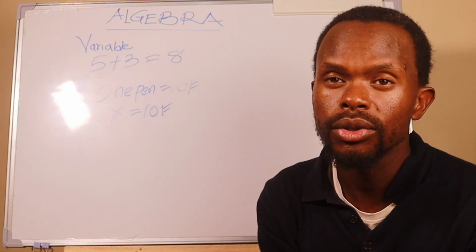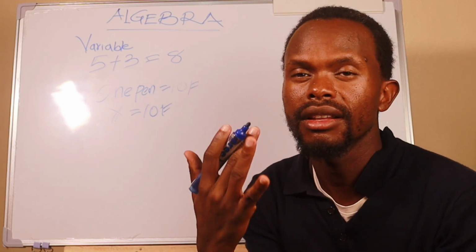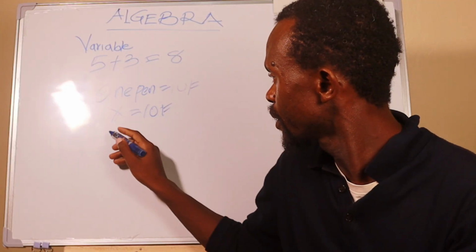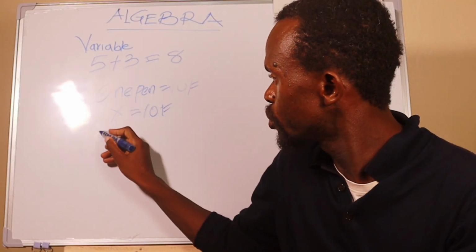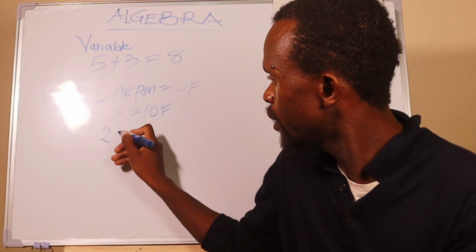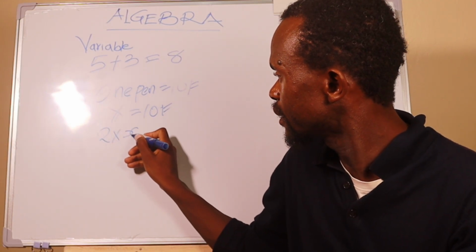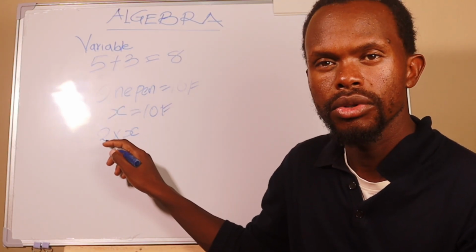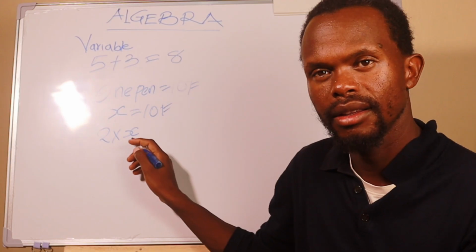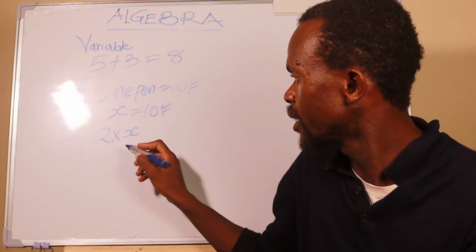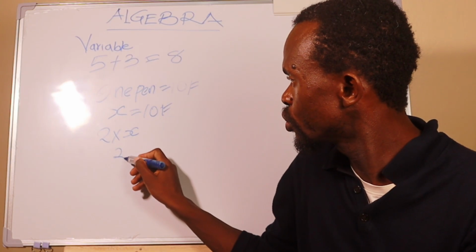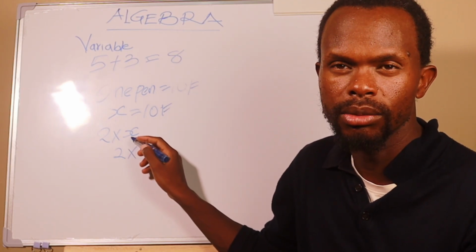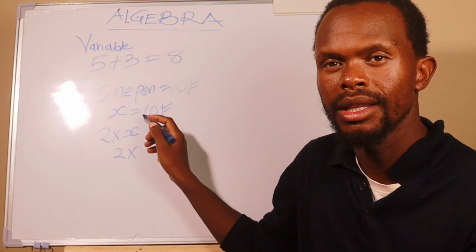So if you are told to calculate the value of 3 pens or 2 pens, say for example 2 pens, 2 pens will be equal to 2 times x. Say for example this is x. This is for 2 pens. So we're going to say it is 2 times the value of 1 pen, which we assume the variable x to be, 10 shillings.